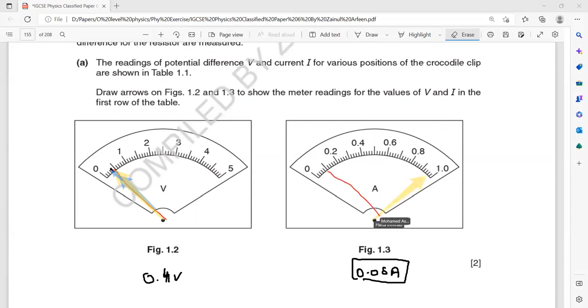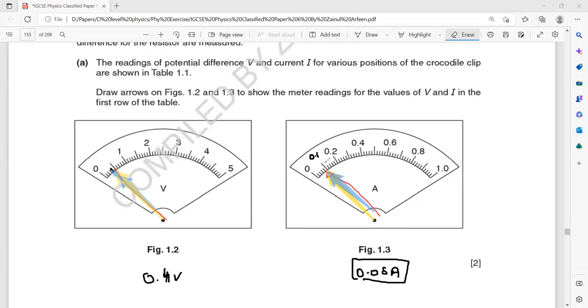So it will be here. Why? Because there are 5 lines, and this is 0.1, so 0.08 is less than 0.1.